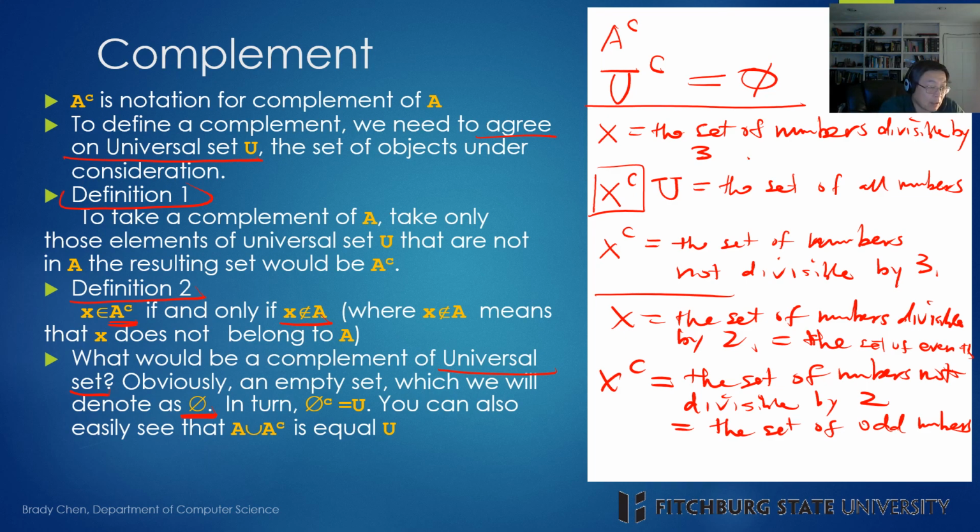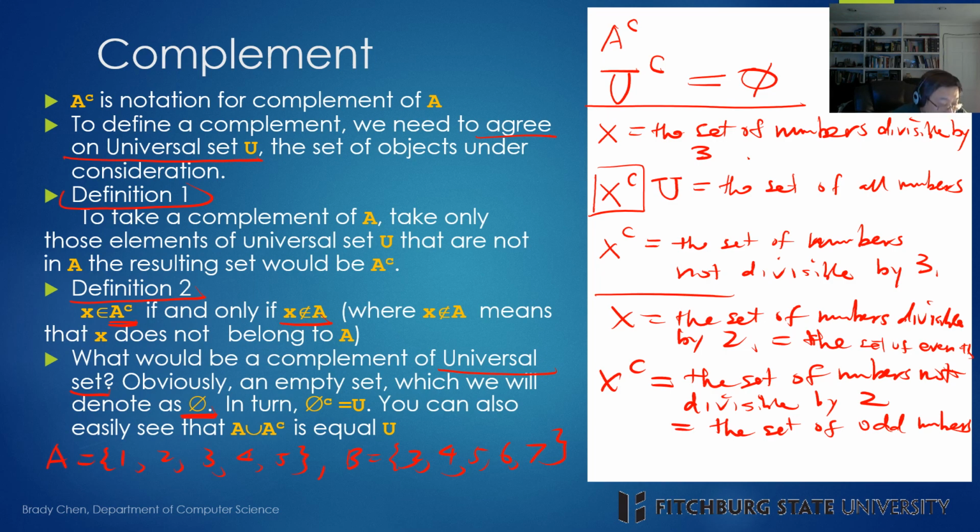Let's see what else we can talk about. Okay, let's think about another example. Let's say A is 1, 2, 3, 4, 5, and B is 3, 4, 5, 6, 7. Now, in order to talk about the complement of A or the complement of B, we need to define the universal set, right?